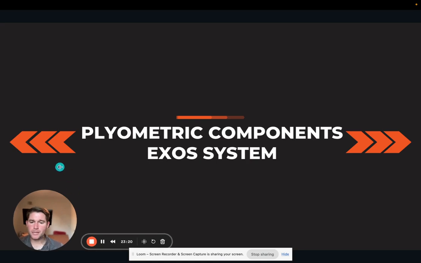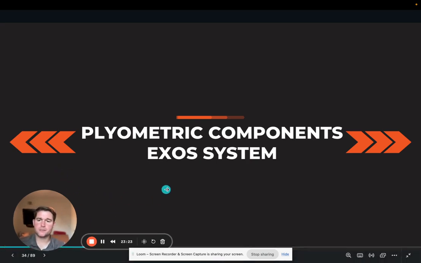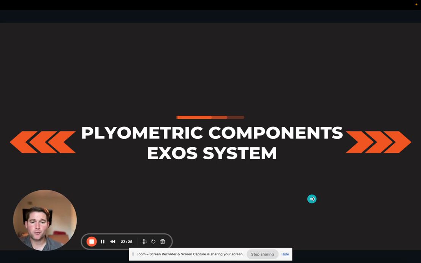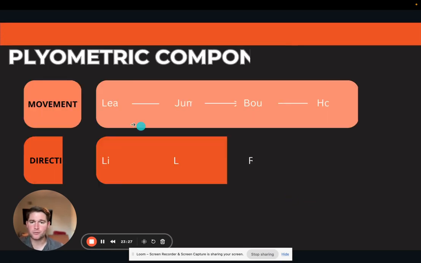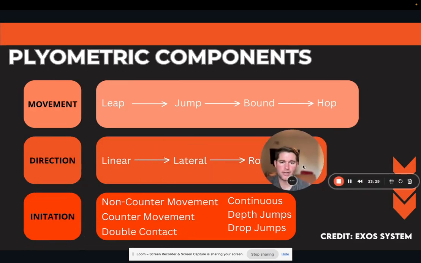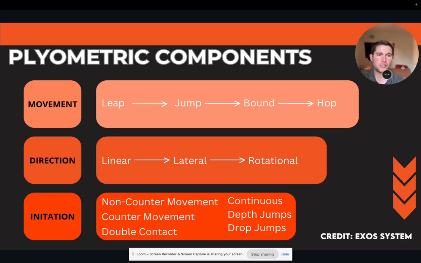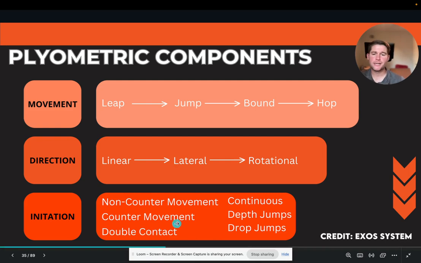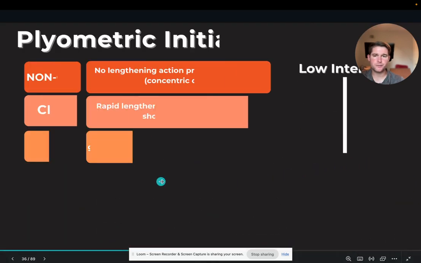So another system that I wanted to discuss is the exo system, which is very similar in the sense of the movement and direction. The one thing that they touch on that we haven't really talked about yet is this initiation. As you can see here, the movement's the same: leap, jump, bound, hop, direction, and then we'll talk more about the different components of these initiations.